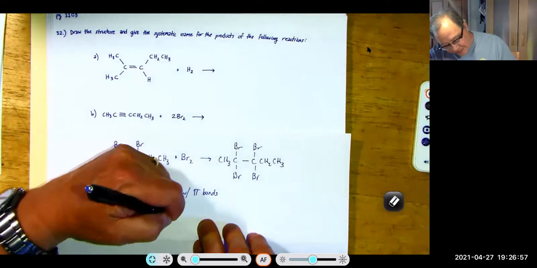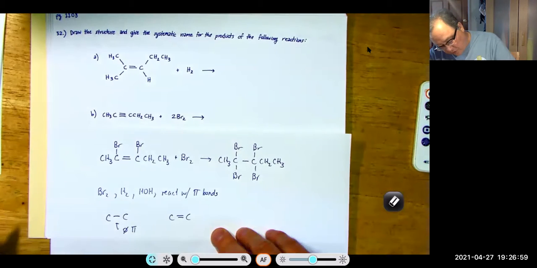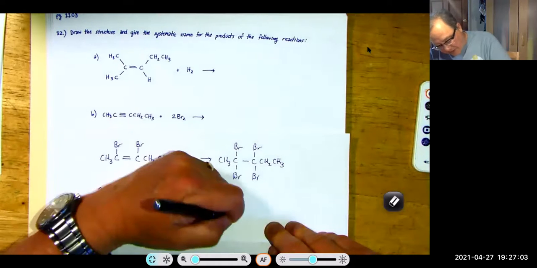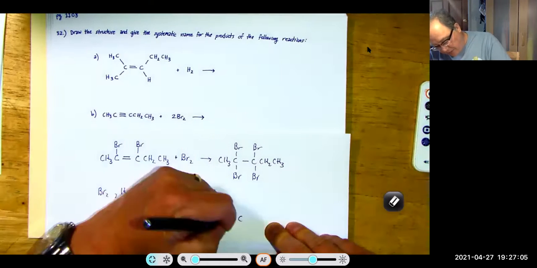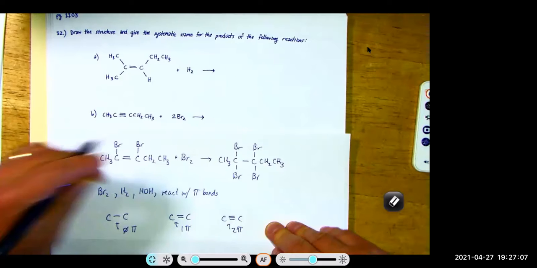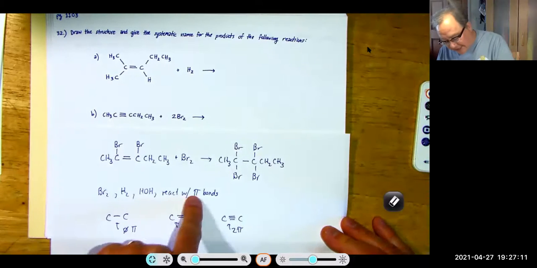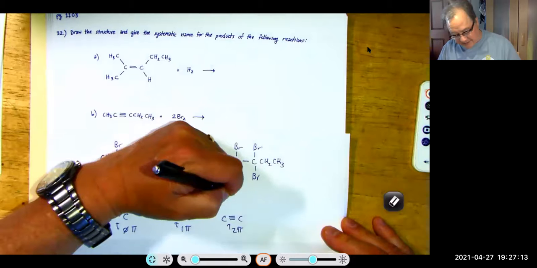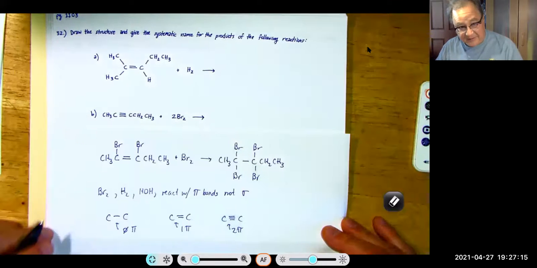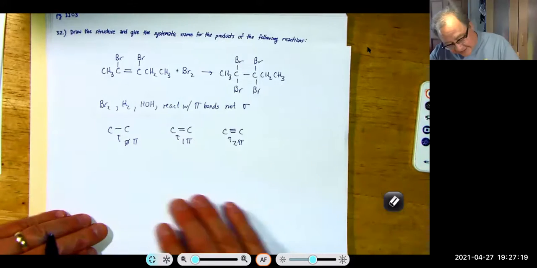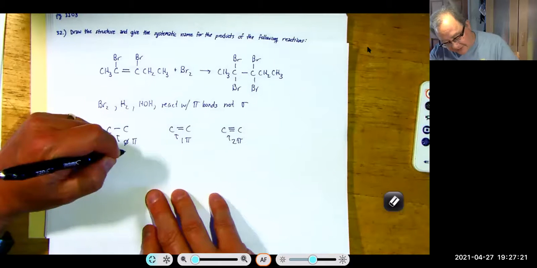When we have this, how many pi bonds? 1 pi bond. And when we have this, how many pi bonds? 2 pi bonds. So these things react with pi bonds, not sigma. Okay. So this is a sigma bond.